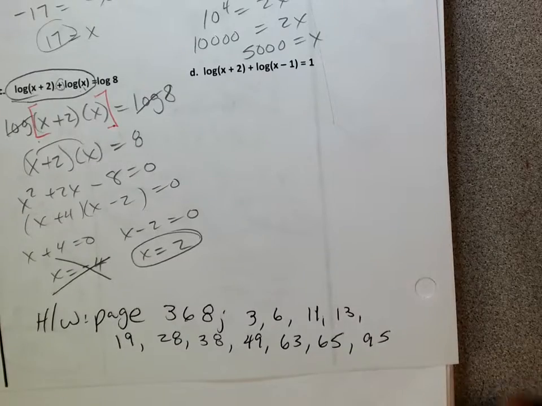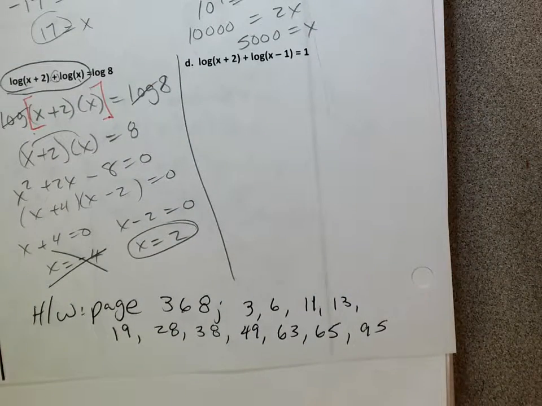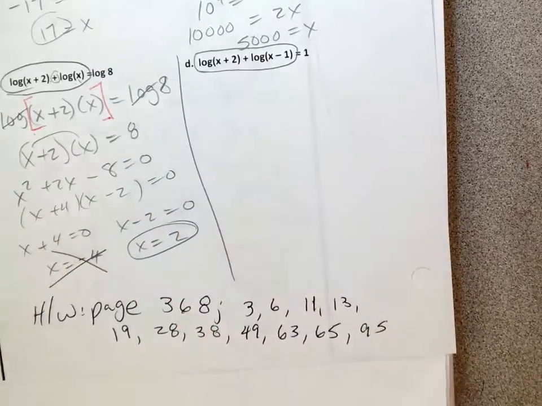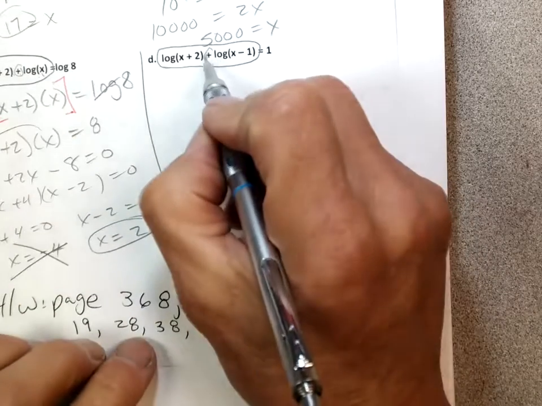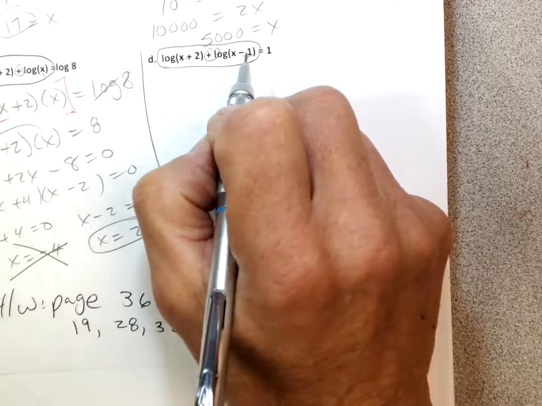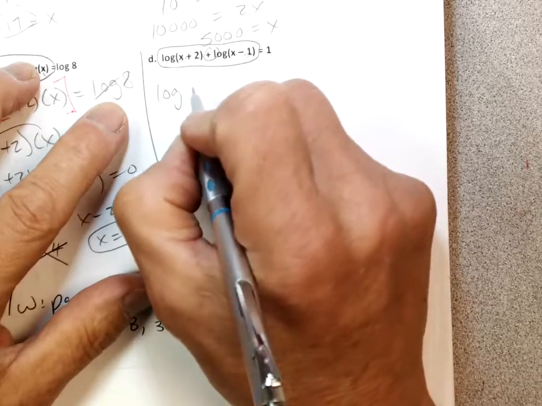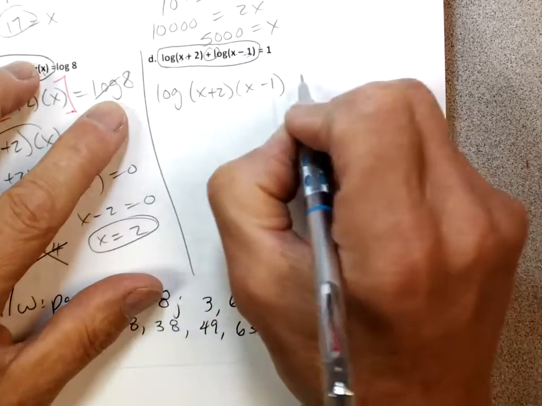All right, now, D. Almost done. So, again, what I want to do is bring it together as a single logarithm, okay? So I got log of this plus log of this. Here's what we've learned, that if you add exponents, because these are exponents, it came from multiplying their bases, right? So let's rewrite it as log of x plus 2 times x minus 1 equals 1.